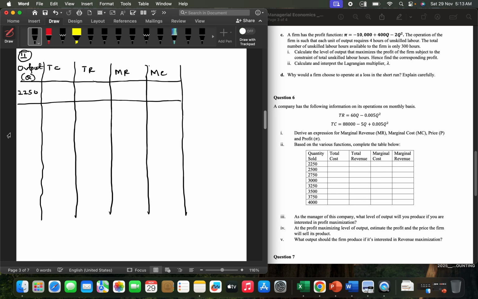The next one was 2500. The next one was 2750. And the next one was 3000.